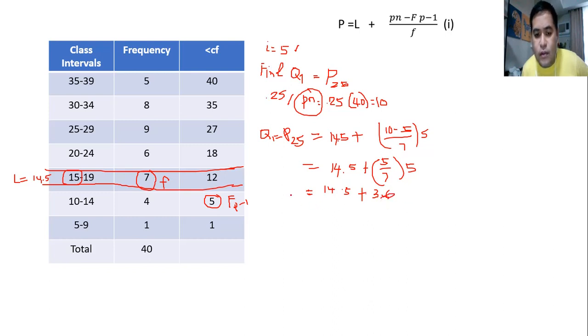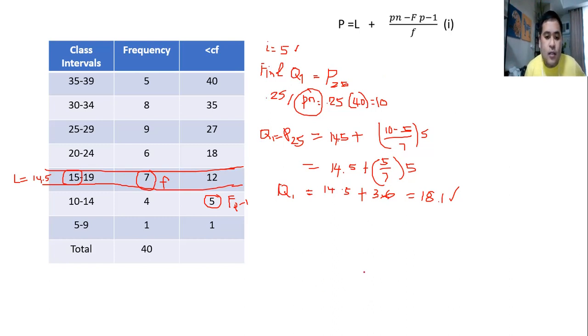So now, your Q1 or P25 is equivalent to 18.1. So you have now your Q1. That is how easy we find your Q1.